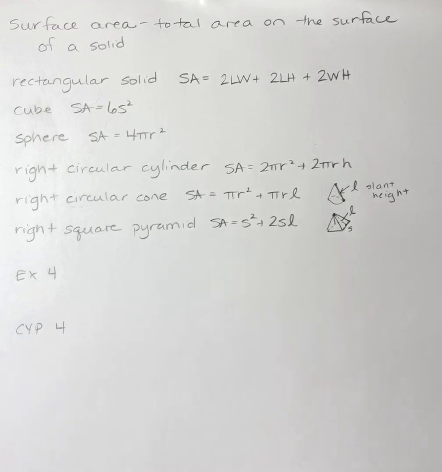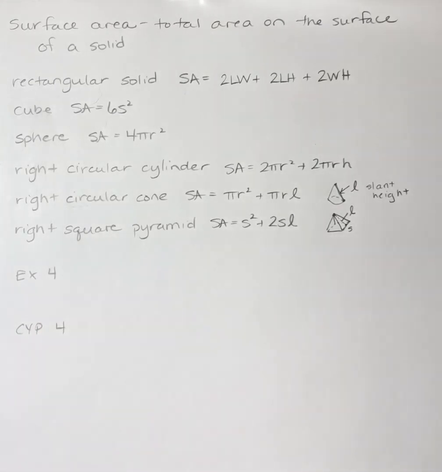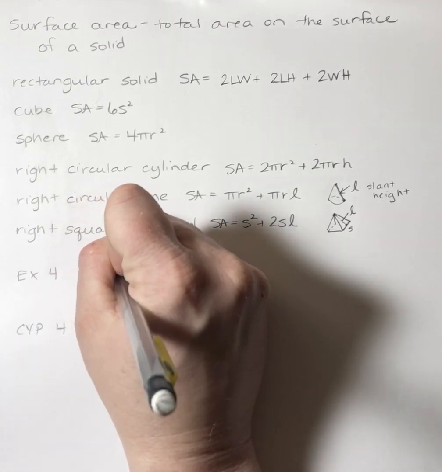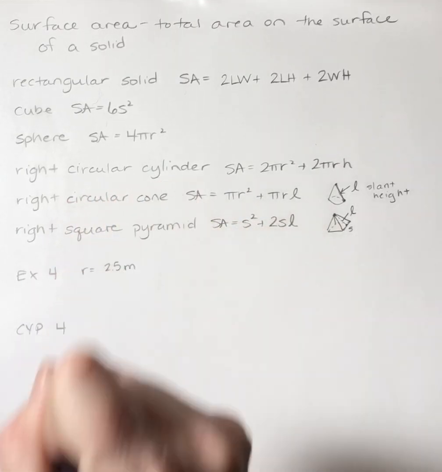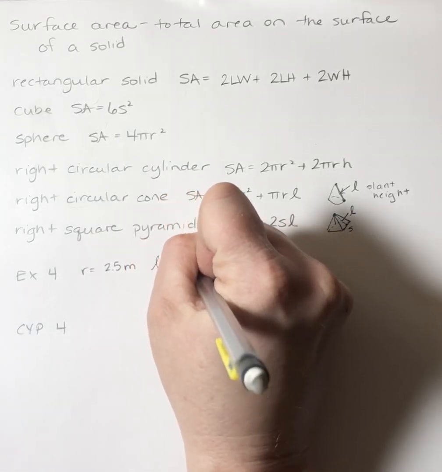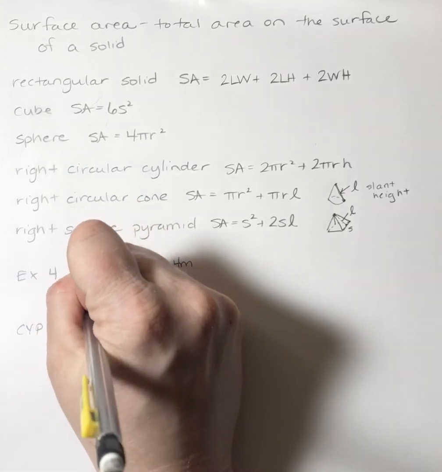So example 4 is on page 412. The diameter of the base of a cone is 5 meters. So again, none of these formulas use diameter, so my radius is going to be 2.5 meters. And the slant height is 4 meters. Find the surface area of the cone.